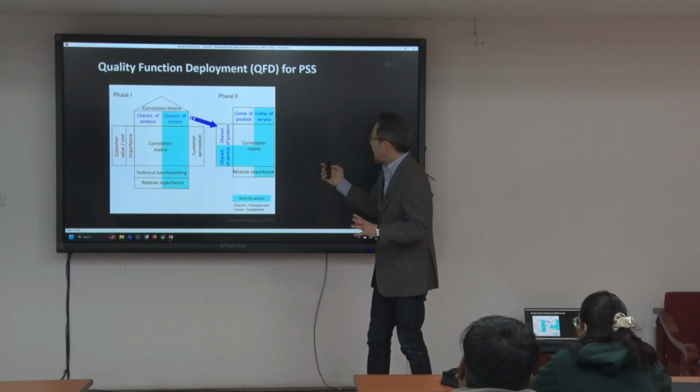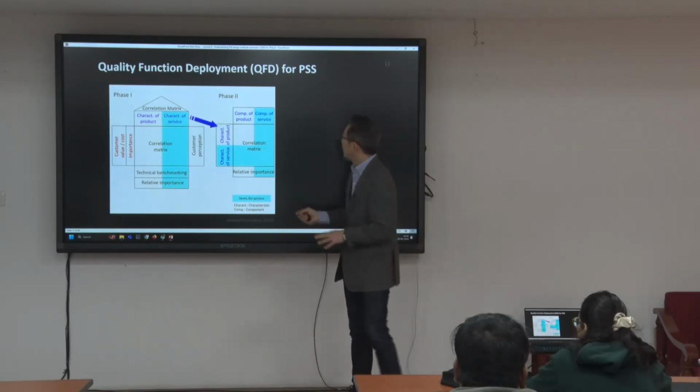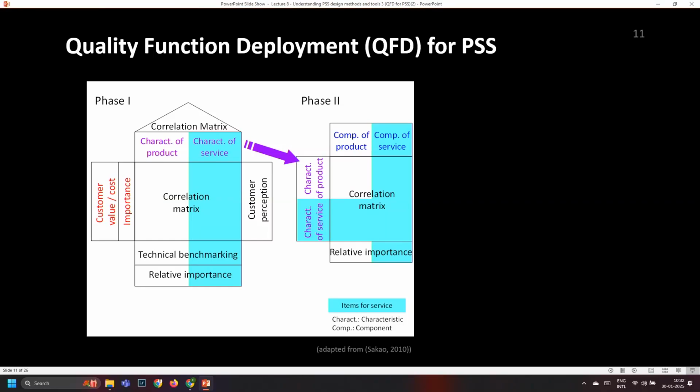Then another new feature probably is how to describe components of services. In the case of components of products, it's I think easier. For example, one component of a passenger car is an engine, right?